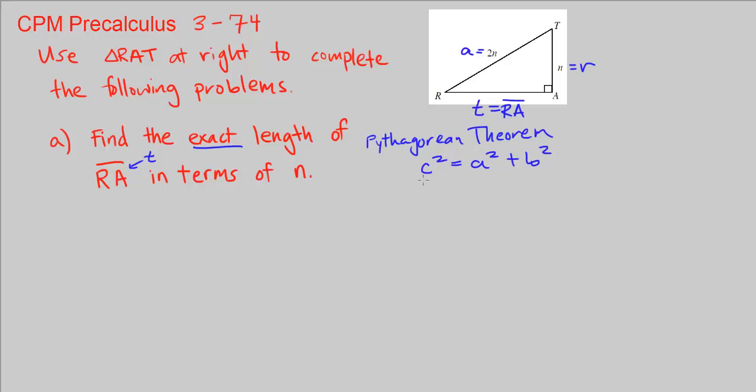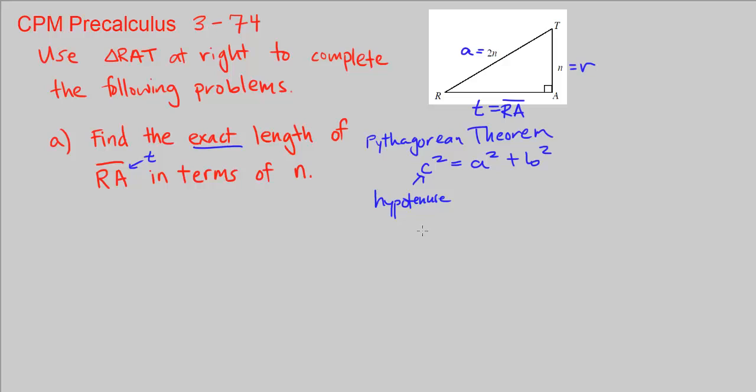But more specifically, c is the hypotenuse of the right triangle. Looking at our triangle, the hypotenuse is always the longest side, which is also the side opposite the right angle. So we know the hypotenuse here is side a, which is 2n.